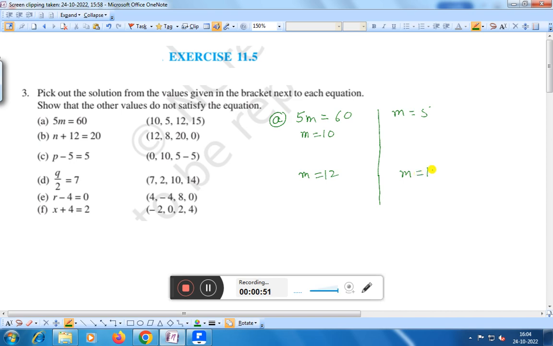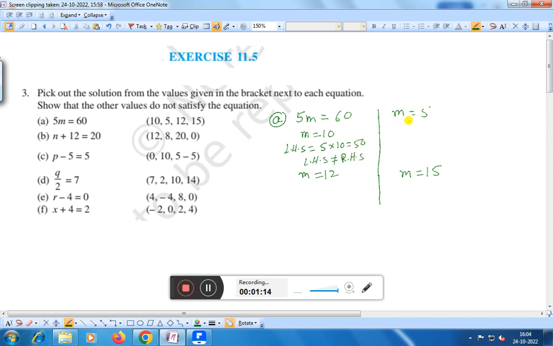In the first case, if we take m equal to 10, that is 5 into 10 is equal to 50. And 50 is not equal to 60, that means left hand side is not equal to right hand side. That means this is not the solution of the equation.